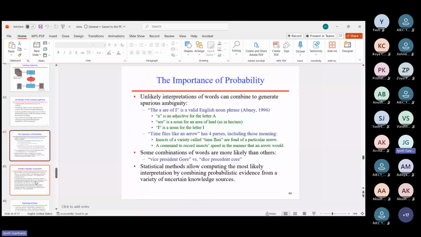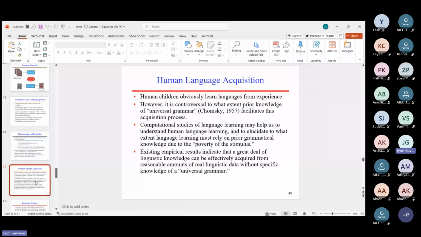Now, human language acquisition. Human children obviously learn languages from experience, as you have done, or I have learned the language. However, it is controversial to what extent prior knowledge of universal grammar facilitates this acquisition process. You may communicate in whichever language you know. If I randomly talk in French or Russian or Japanese, it is very difficult to understand because you have not acquired the knowledge of that particular language.